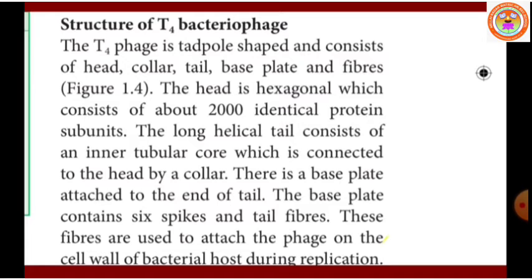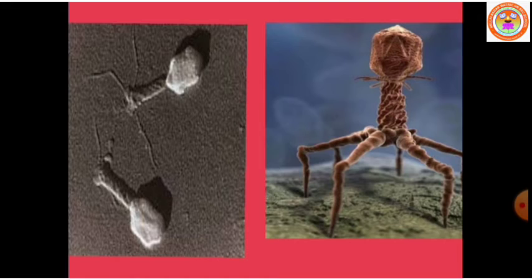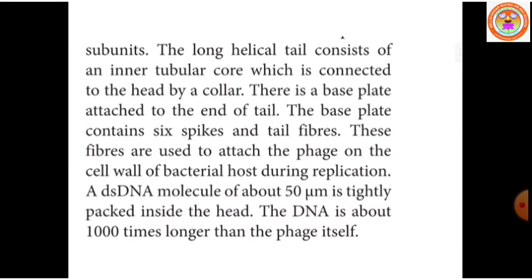During replication, the tail fibers help to attach the virus on the cell wall surface of bacteria. Once they attach, the DNA of the virus will be released inside the cytoplasm of the host bacteria.